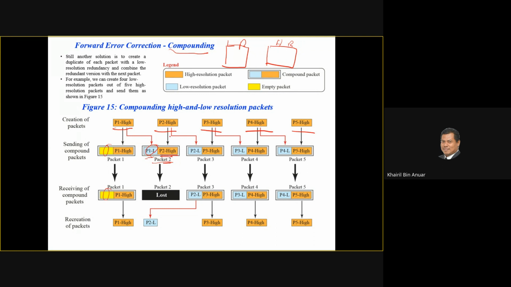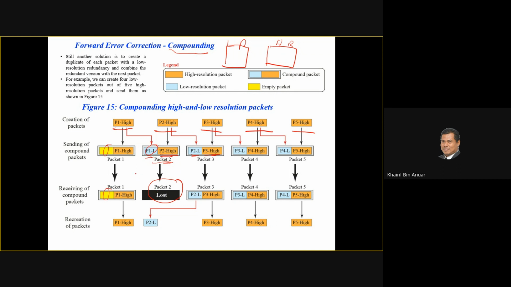You do the same thing for the rest. So you have P3 high resolution added on to P2 low resolution, and so forth. You send packet by packet, and say this is a scenario where packet 2 is lost. How do you recover?